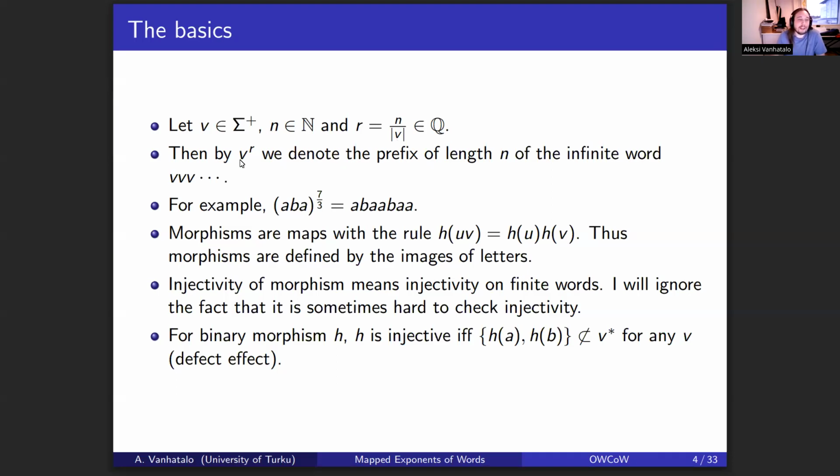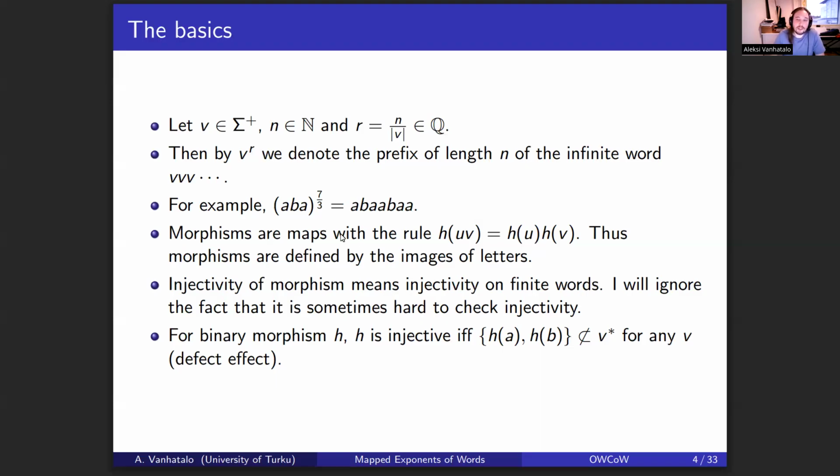And then we can take v to the power of r, which is the prefix of length n of the infinite word v. So for example here, ABA to the 7/3 would be just a length 7 word that repeats the ABA shown here. So this is the first very basic thing that is relevant to the talk.